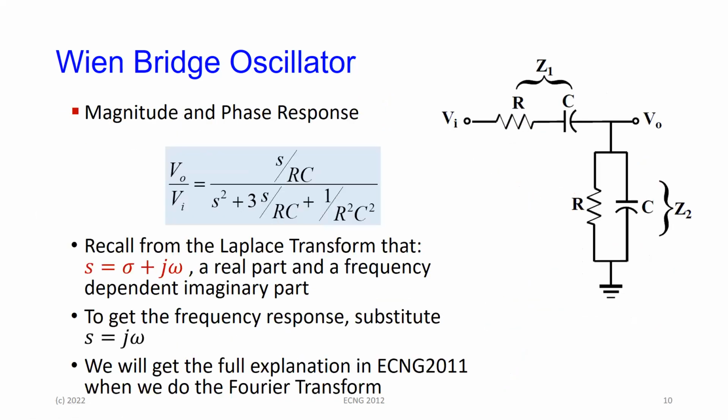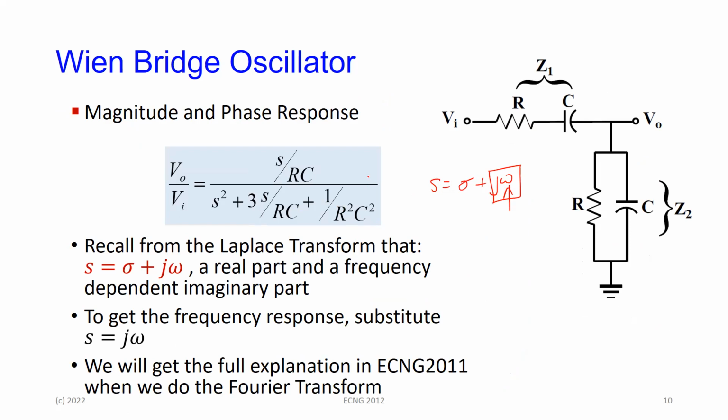Now let's see something about the frequency and what is actually happening here. If you remember from the Laplace transform, that variable S has a real part and an imaginary part, j omega. This was the frequency dependent part, which is why we use that particular designation here.